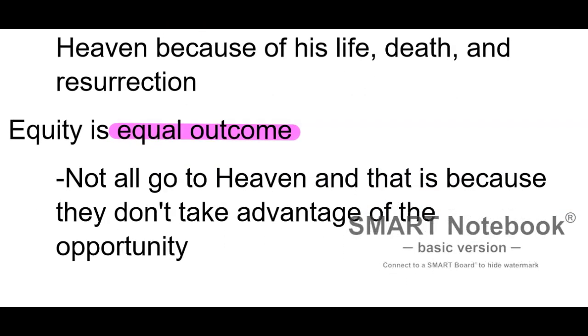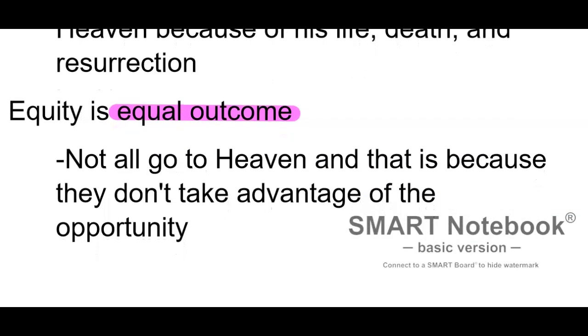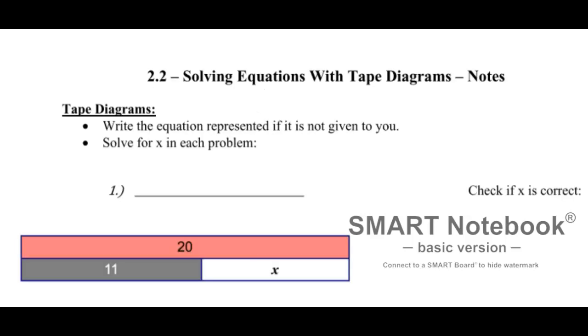Not all go to heaven, and that is because they don't all take advantage of the opportunity. So we can conclude that equality does not equal equity. Okay, so take advantage of that opportunity Jesus gives you, and you will be good.